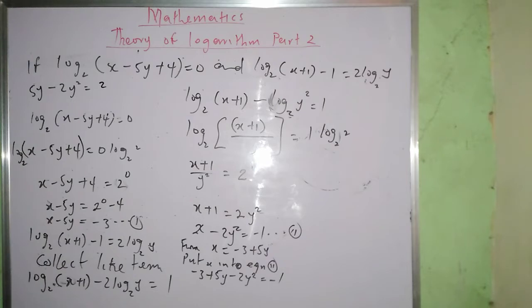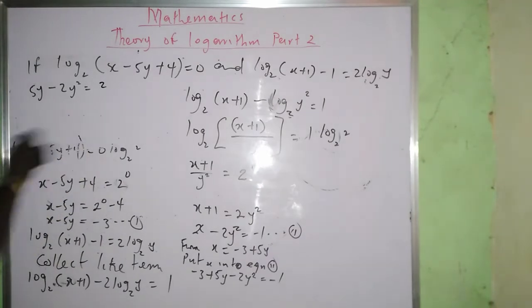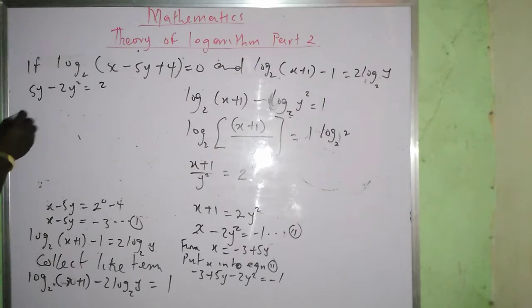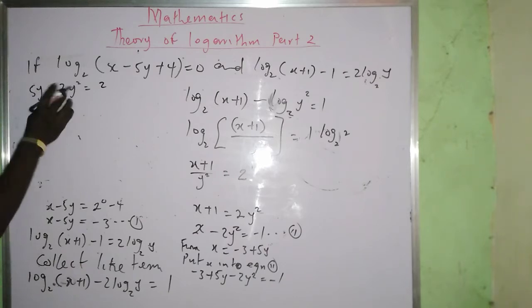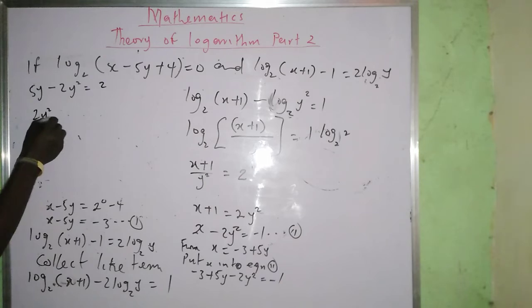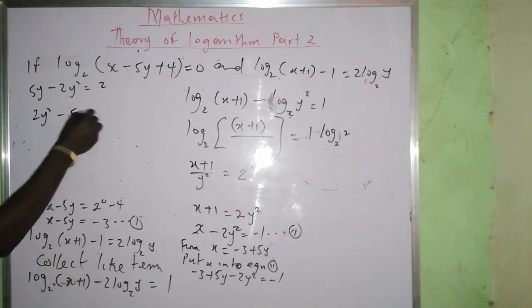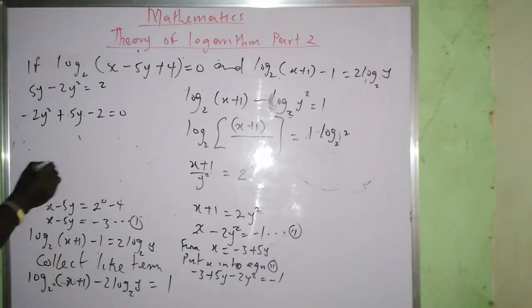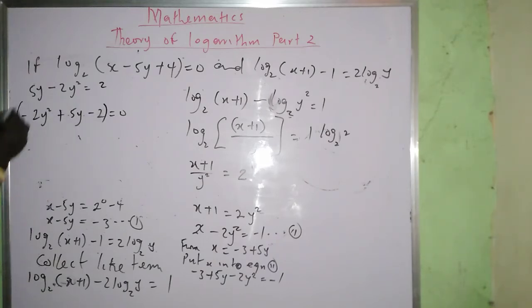Which I can say that I have 2y squared minus 5y minus 2 equals 0. Now, if I multiply, this is minus, this is plus. I will multiply all by minus. It's not proper to be having this here.